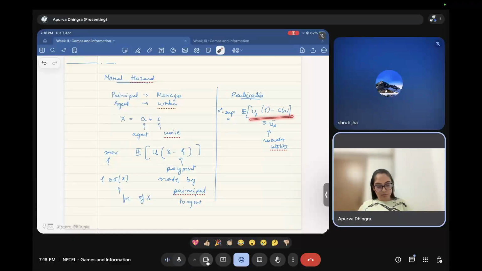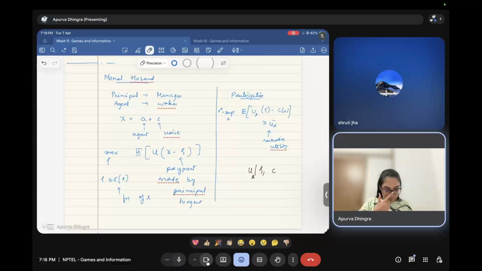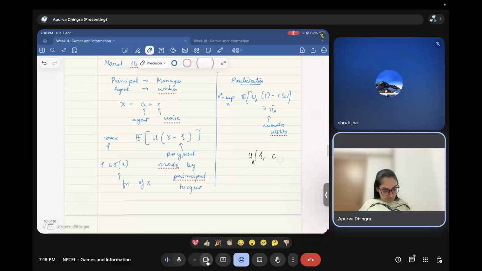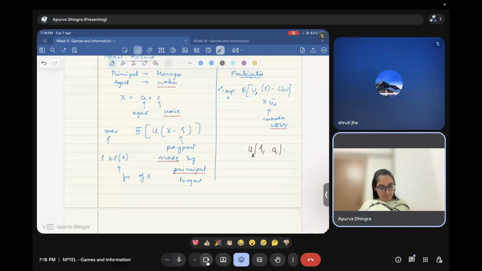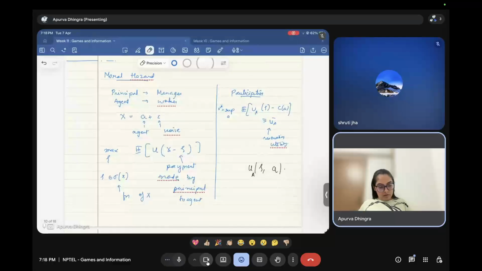This could have been written together also. We could have easily written this as UA of Xi, the payment, the wage, output, minus wage, and just A itself. C is not defined, that's what I'm wondering.